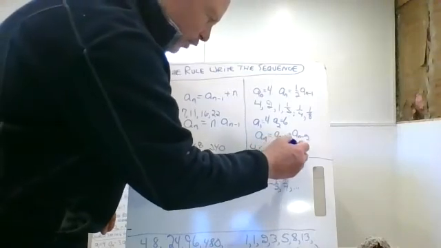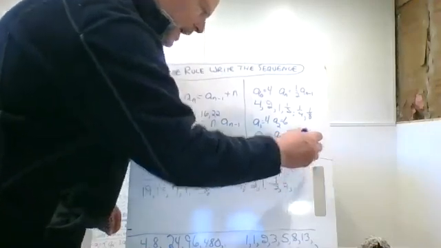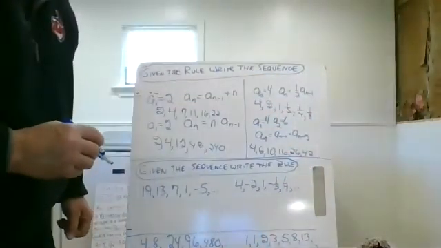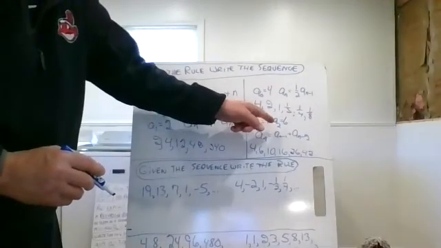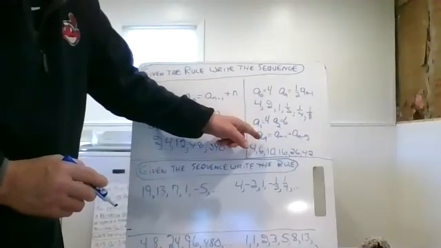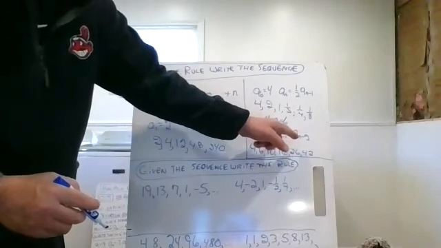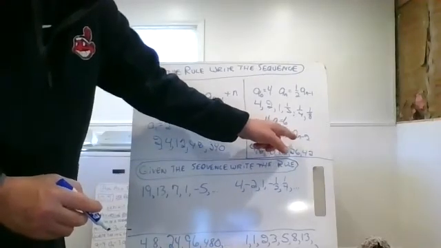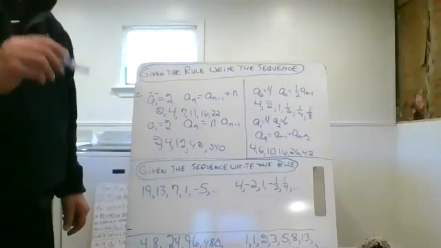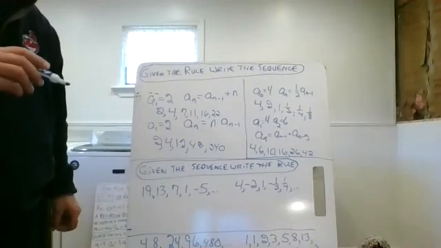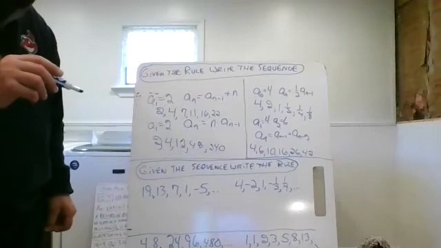What is that? 42, right? And so on and so forth. So here they give you the first two terms, and the rule is a function of a sub n minus 1 and a sub n minus 2. It's simply the sum of those two. But that's another type of recursion rule they could give you, where you have two terms you have to work with.